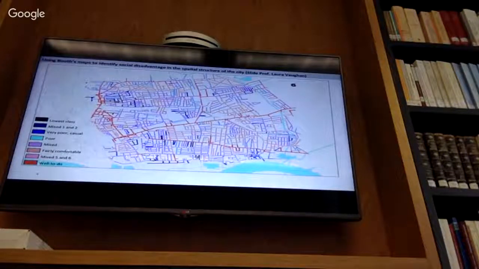So this is the kind of cleaned up version of Booth's maps. He categorised, again subjectively, the different areas of poverty in London, from the lowest class to the well-to-do.